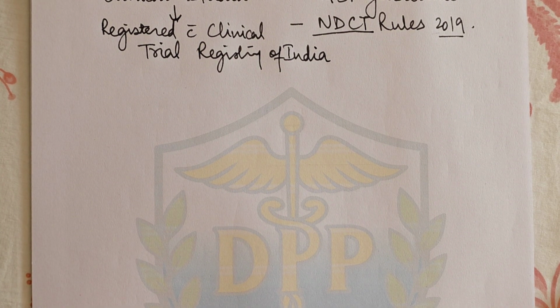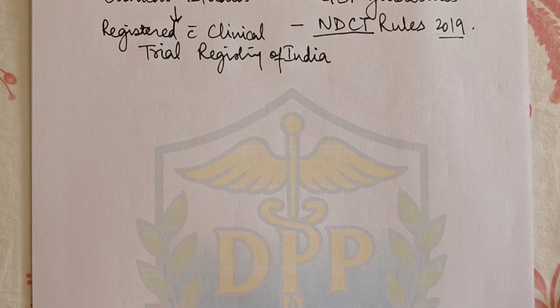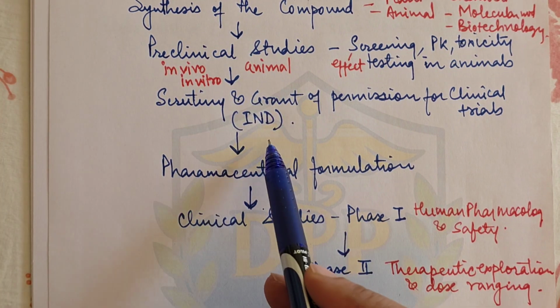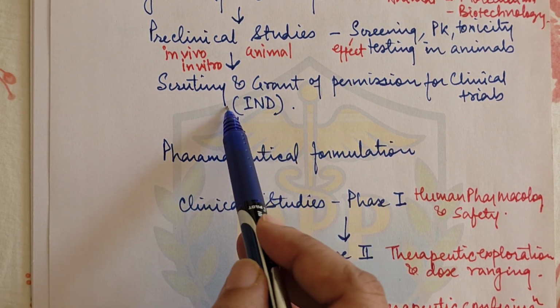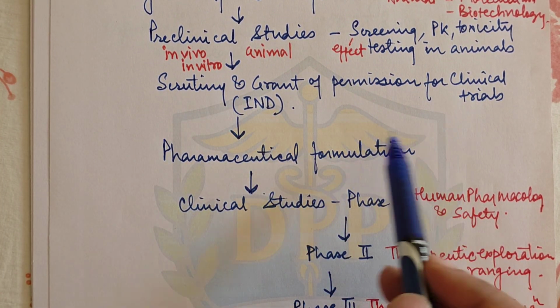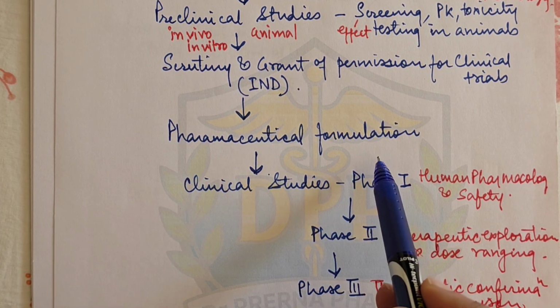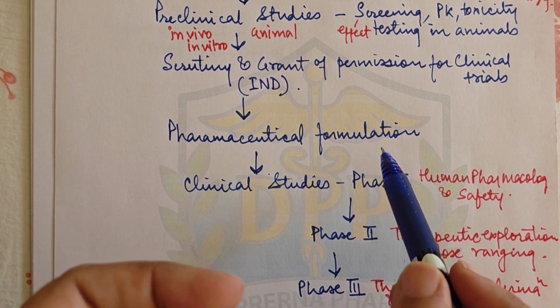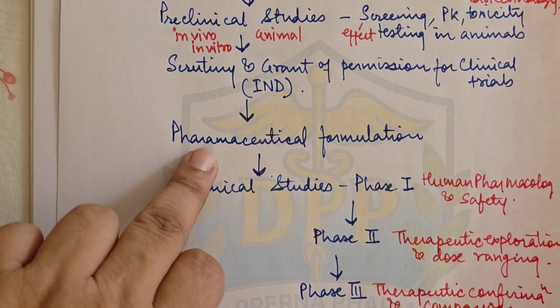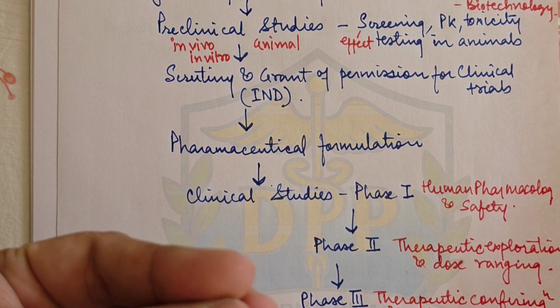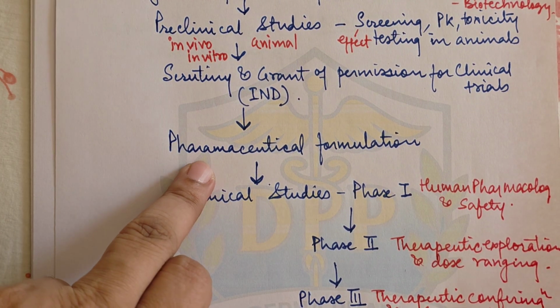Now after the drug is tested in animals, as we discussed earlier, it is submitted to the regulatory authorities for grant of permission for clinical trial as an investigational new drug. Once the drug is permitted, then a pharmaceutical dosage form is formed. How will we give it? We cannot give it in powder form. So a dosage form is made, like a tablet, a capsule, a syrup, an inhaler, whatever the dosage form is.